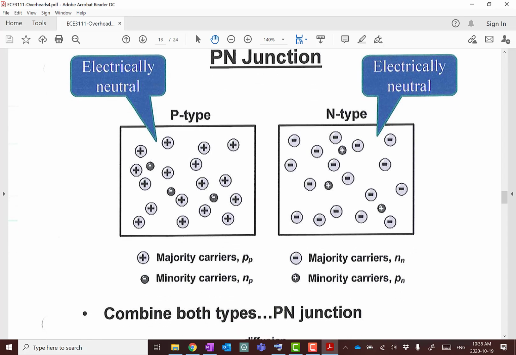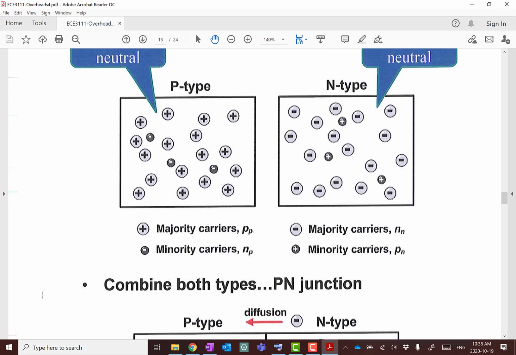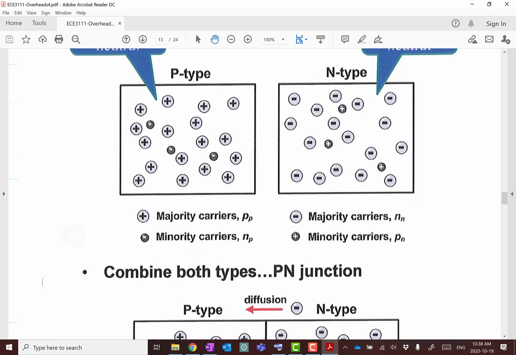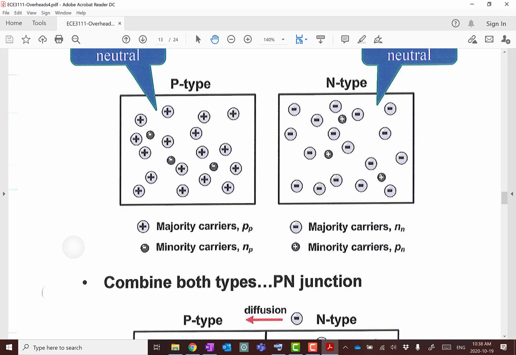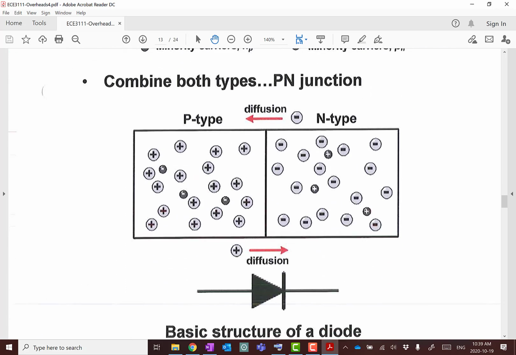Those are shown in the dark colored circles: the p-type material still has some free electrons due to thermal generation, and the n-type material still has some thermally generated holes.